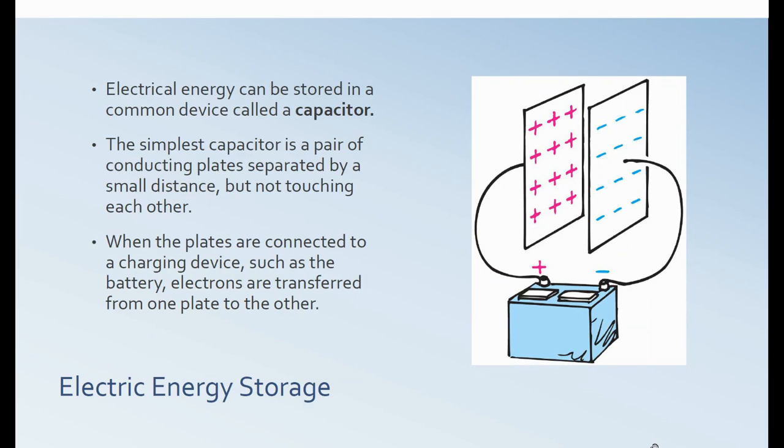We can also use these electrostatic charges to store energy. We can store electrical energy in a common device that's called a capacitor. And we can make a capacitor just by having a pair of conductive plates, separated by a very small distance, but they should not be touching each other. And then if we connect these plates to a charging device such as a battery, electrons are transferred, using the battery as a circuit, from one plate to the other.